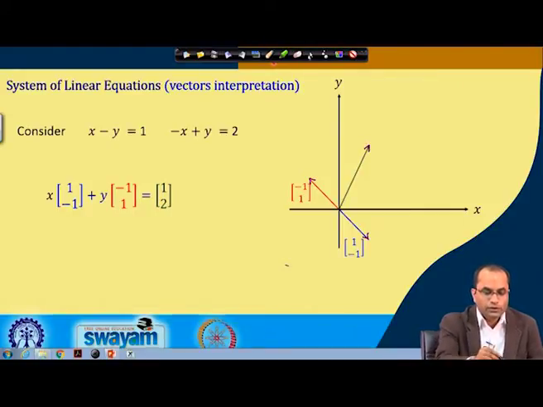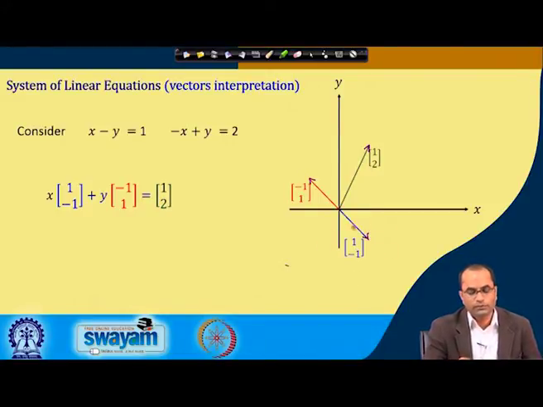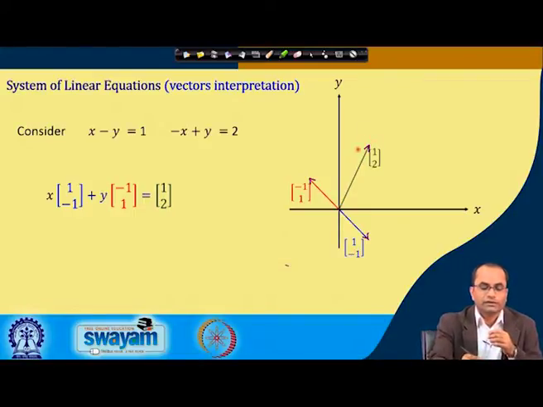Now the question is, can we multiply some number to the vector minus 1, 1 and some number to the vector 1, minus 1, and add them to get the vector 1 and 2?